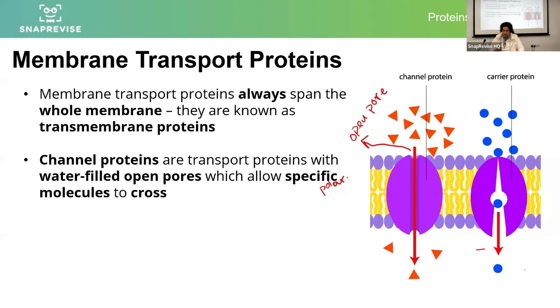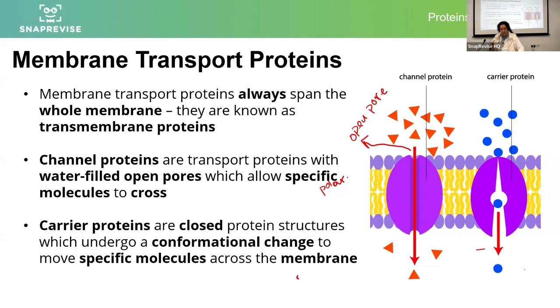We then also have carrier proteins, and in terms of function, they can be fairly similar. They won't have a fixed shape. They will have to undergo conformational changes. The reason why this is in bold is because it's a typical keyword, and it's a good idea to try to utilize it when structuring your answers.